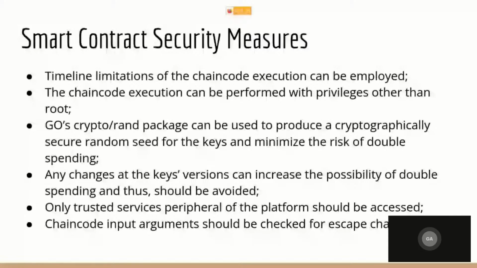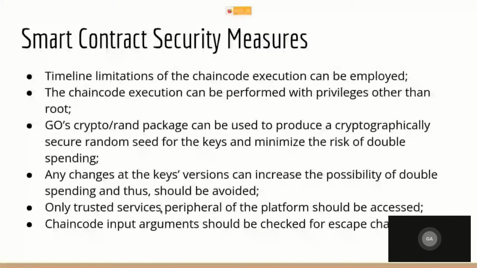Chain code execution should be performed with privileges other than root. Go's crypto randomness package can be used instead of any other randomness modules. Limiting the access to trusted services is another option.